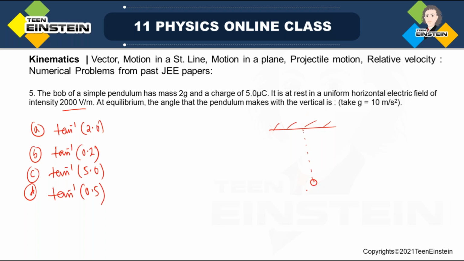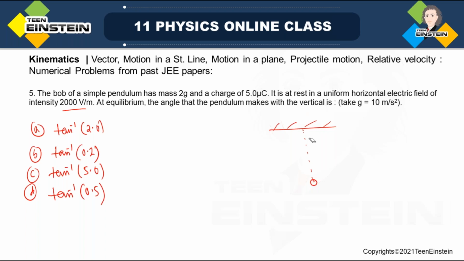At this stage, the tension T of the string and the weight of the bob cancel each other. This is one equilibrium situation, when there is no external force, only the bob.